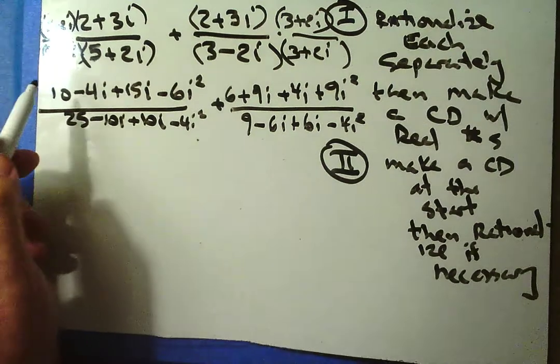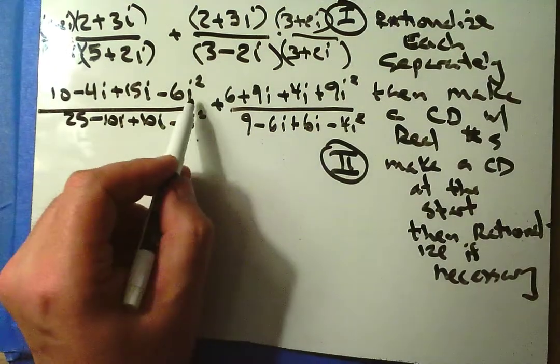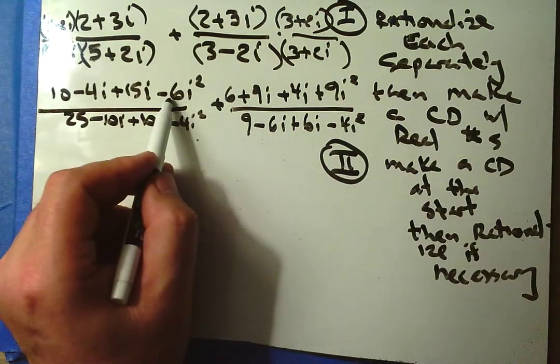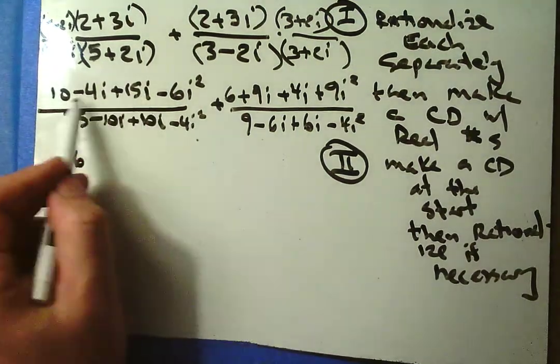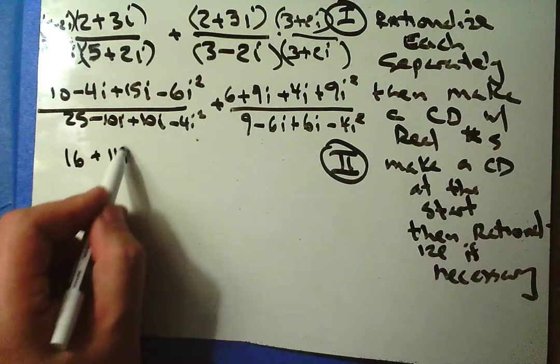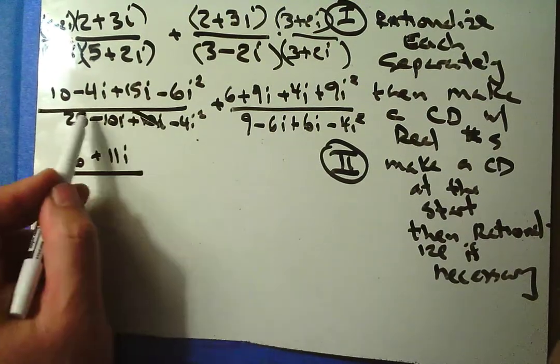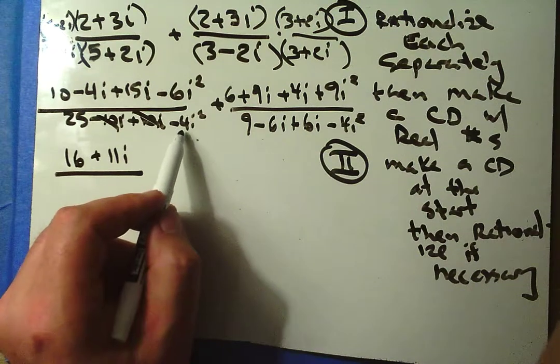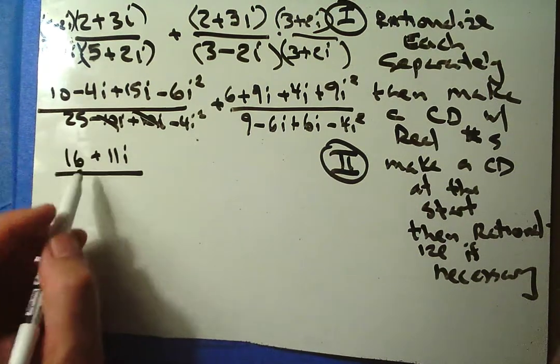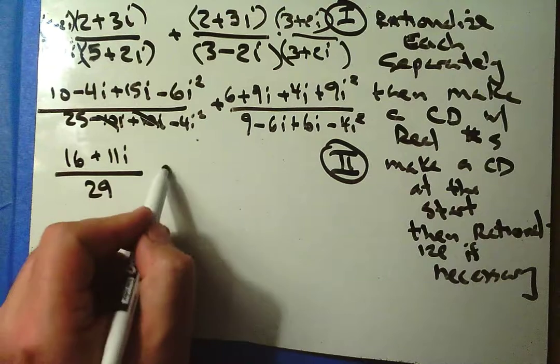Okay, so let's tidy things up. Negative 1 times negative 6 is positive 6, plus 10 is 16, and here I have 11i. And then on the bottom, these cancel. I squared is negative 1 times negative 4 is positive 4, plus 25 is 29.